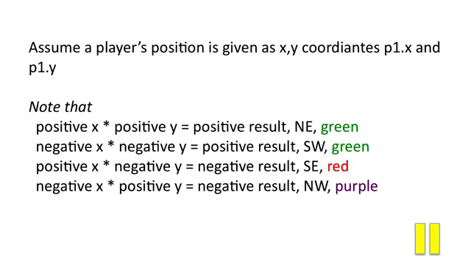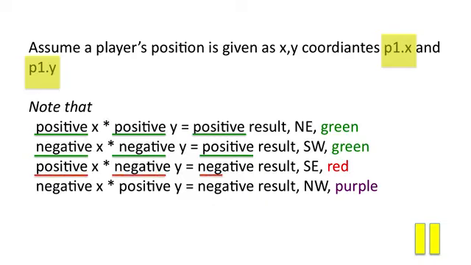Let's assume the player's position is given as xy coordinates, p1.x and p1.y. Note that positive x times positive y equals positive result, northeast quadrant, and green. Likewise, a negative x times a negative y also will give you a positive result, indicating the southwest quadrant, also green.